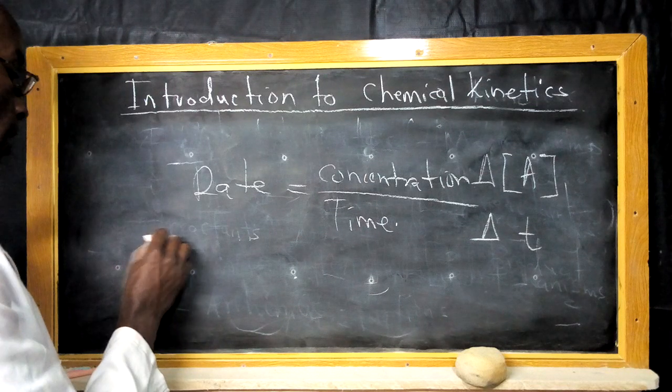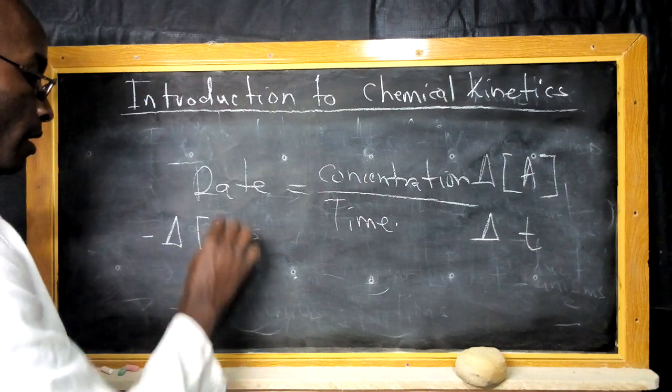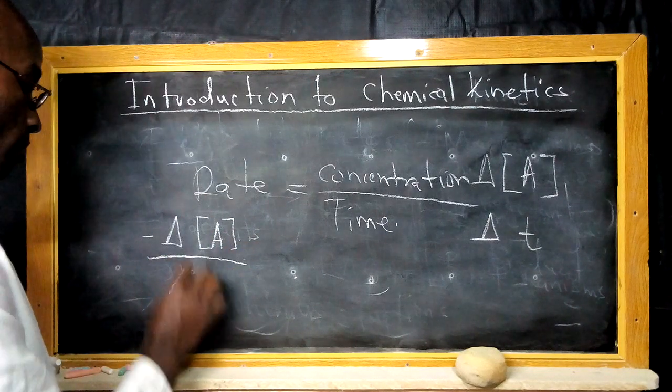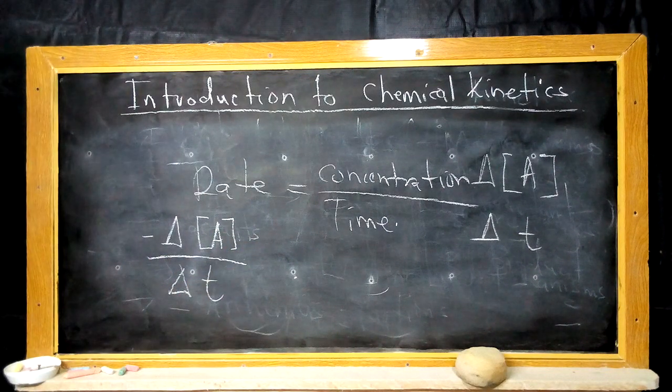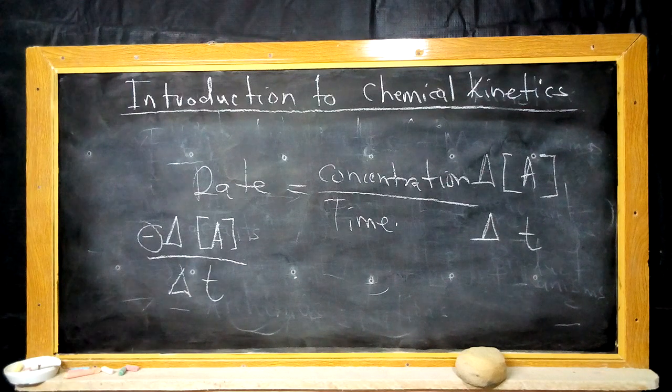So we are going to encounter a situation whereby for the reactants, the rate is denoted as negative the change in concentration over the change in time, whereby the negative sign is implying a decrease. So in that case, we are going to determine the rate using a specific procedure which we're going to mention.